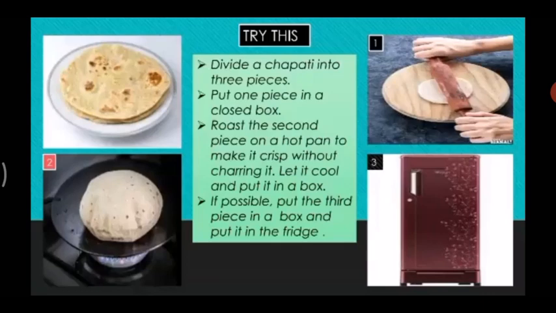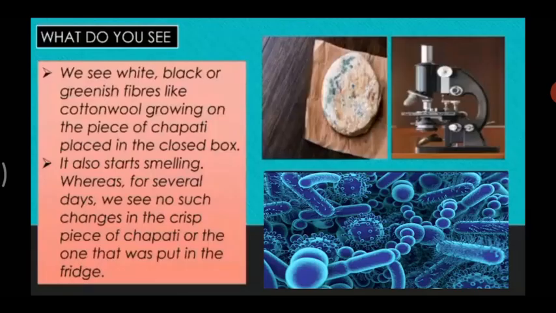Now after keeping all the 3 chapatis at different places in different boxes, you may see that all the chapatis may not get fungus. 1 or 2 chapatis may get fungus, and which are they? That you need to observe by yourself. Okay, now what do you see?